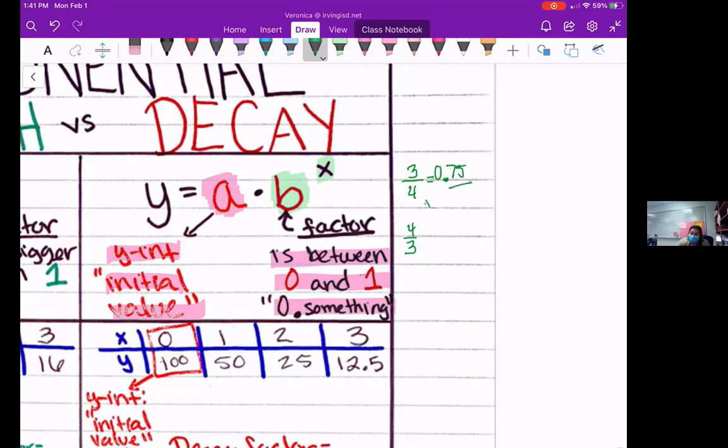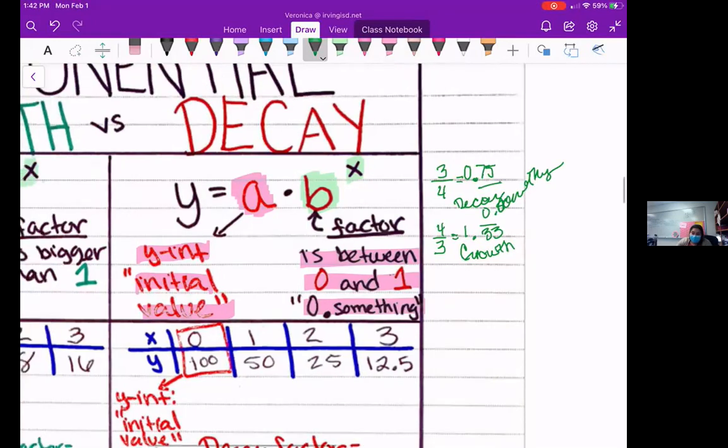So this would be decay because of the 0 point something. But if you look at 4/3, this is equal to 1.333 repeating over and over again. This is not 0 point something. This is bigger than 1. So this one would actually be growth. So you need to make sure that if you are given a fraction, you convert it to a decimal to verify if it is growth or if it is decay.